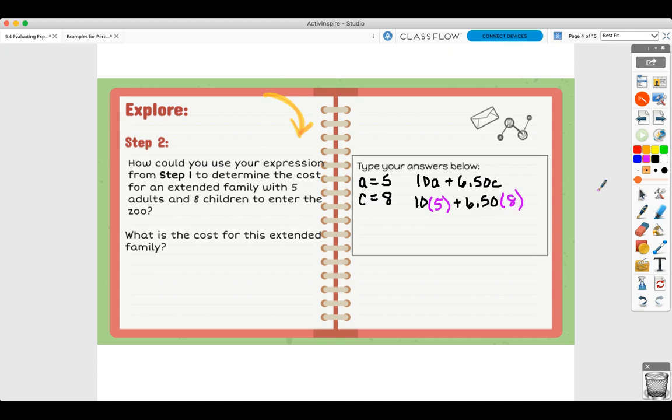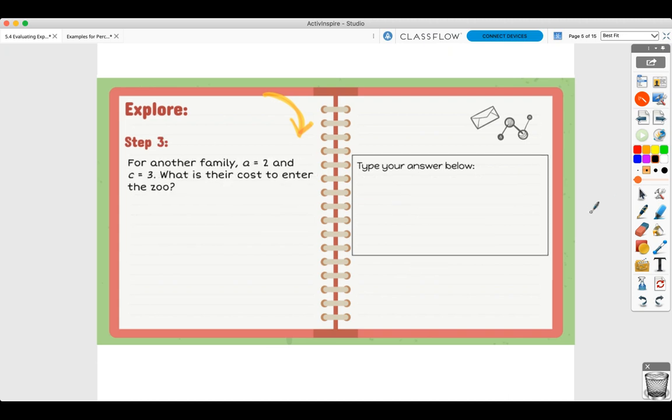So 10 times 5 is 50. 8 times 6.50 is 52. And then you're adding those together. Remember, order of operations, multiplying supersedes addition, which is why we're multiplying first. It's 102. So it's going to be $102 for this family, for these 13 people, okay?